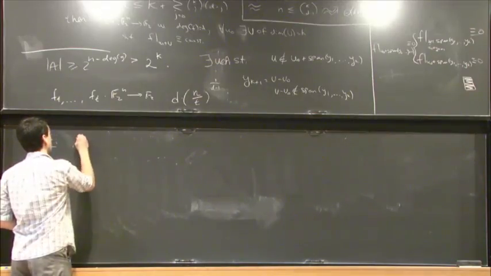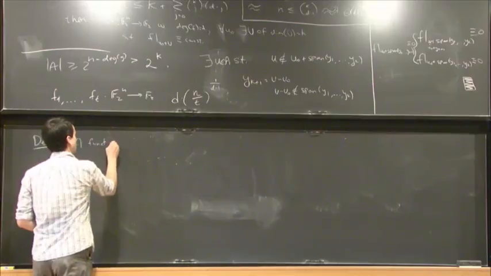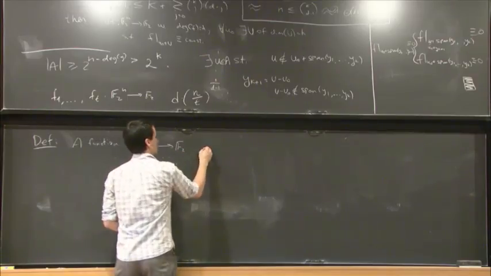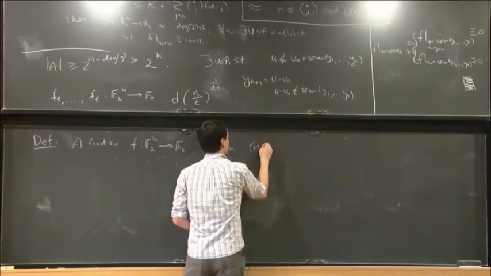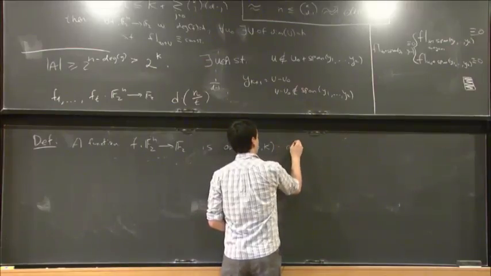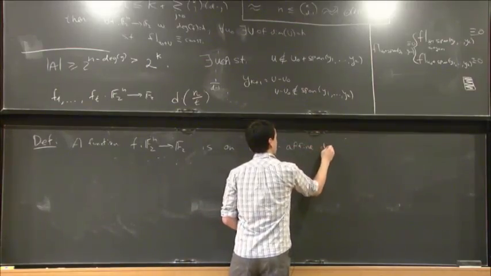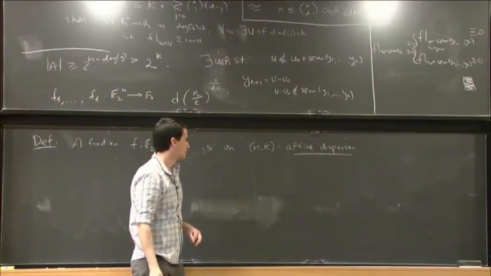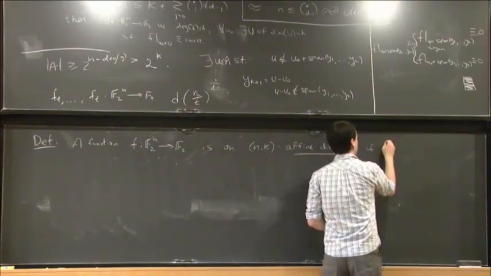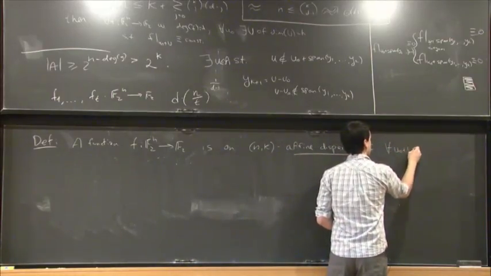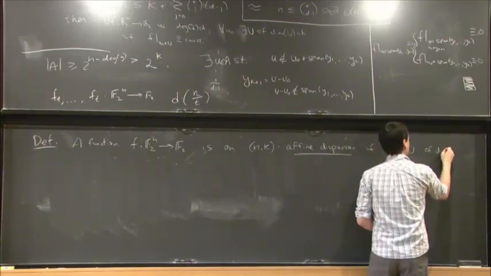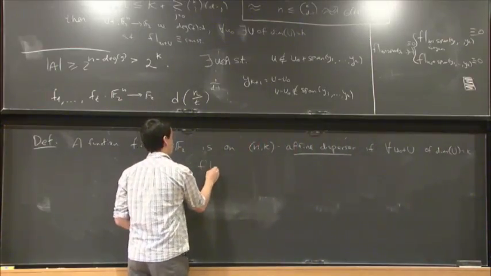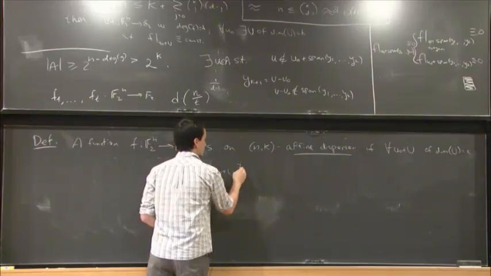So a function f, a Boolean function, is an (n,k) affine disperser if for any affine subspace of dimension k, f on u0 plus u is not constant.